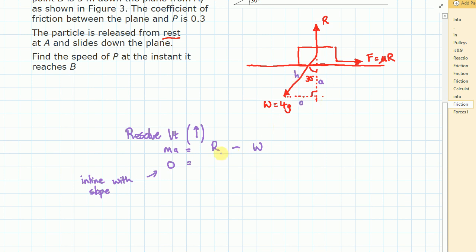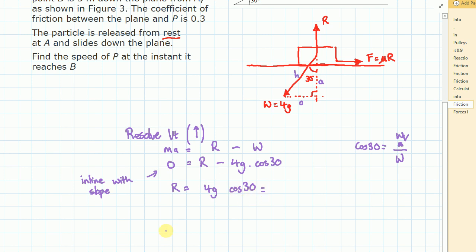So we get R minus 4g cos 30 equals 0, since cos 30 is the adjacent side divided by the hypotenuse, the weight force. So our vertical weight component is 4g cos 30. So R equals 4g cos 30.